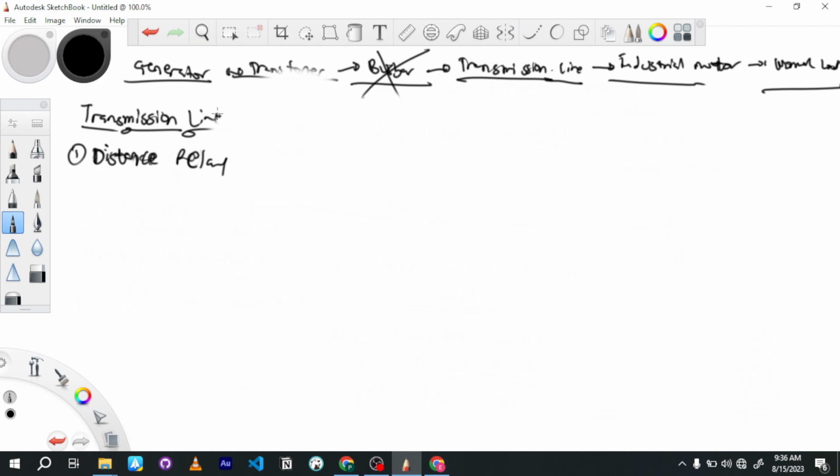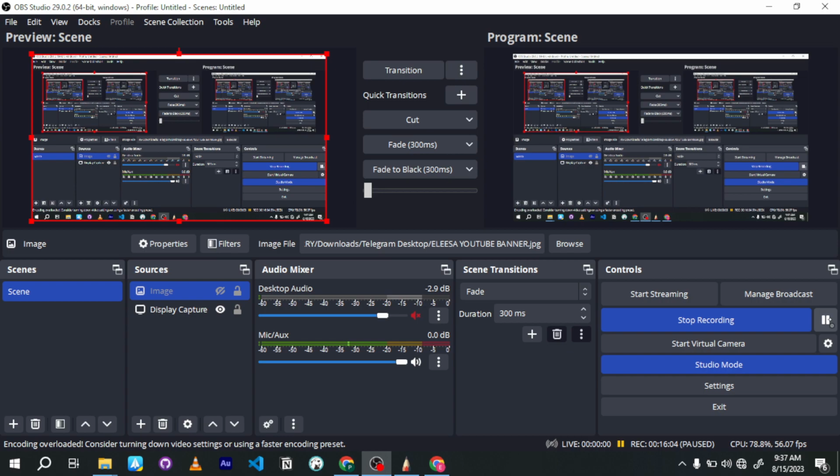And you have a relay here, and at first we connected it like this. Now it goes the other way around.